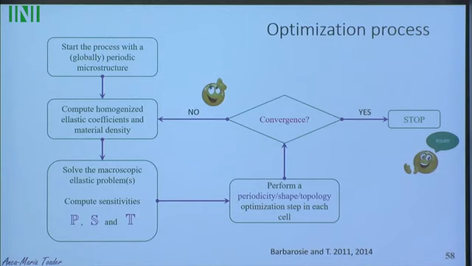We compute the homogenized elastic coefficients and the material densities, solve the macroscopic elastic problem, compute these sensitivities, and then we are going to perform all this optimization at the cell level and try for the convergence and so on.